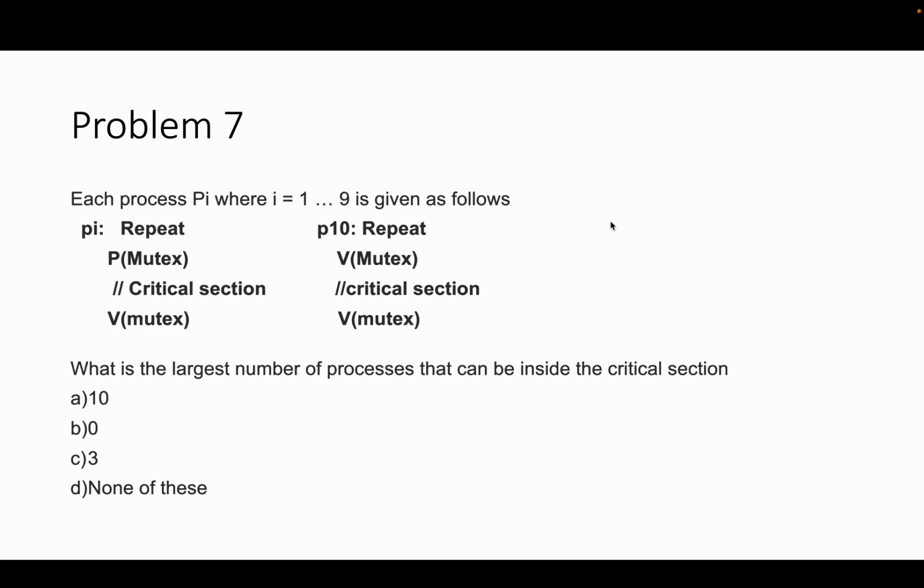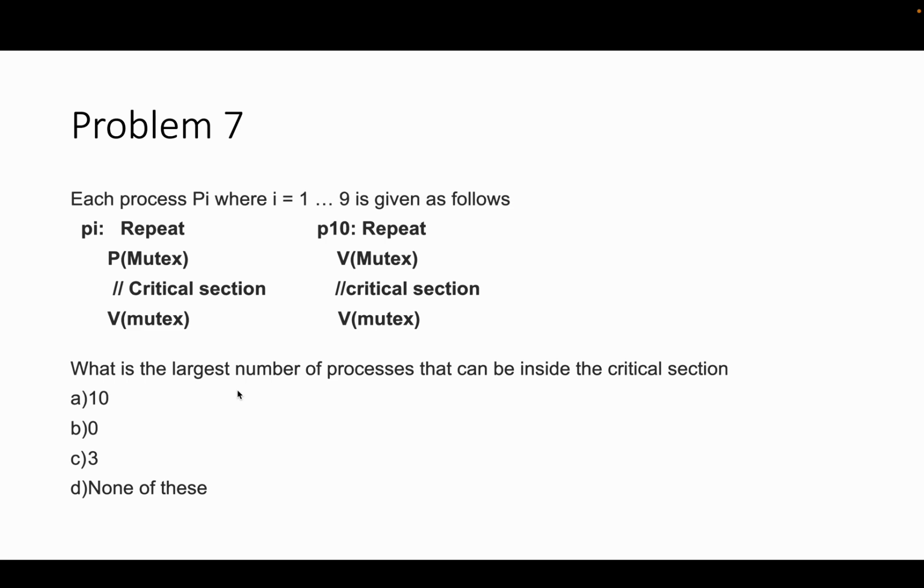In this manner, every time P10 enters the critical section by doing an up on the mutex, it allows some other process to enter the critical section too, while other processes are already in the critical section.